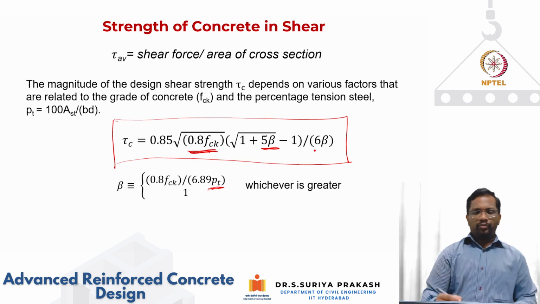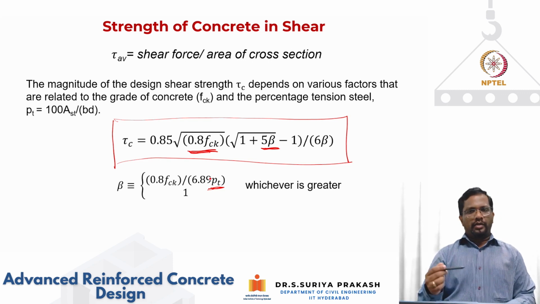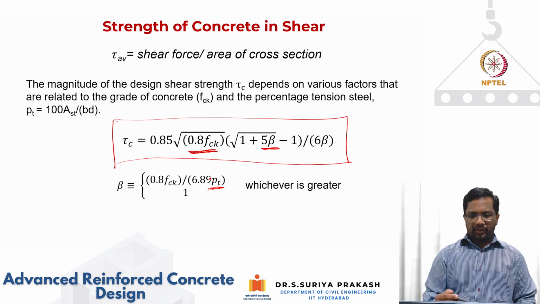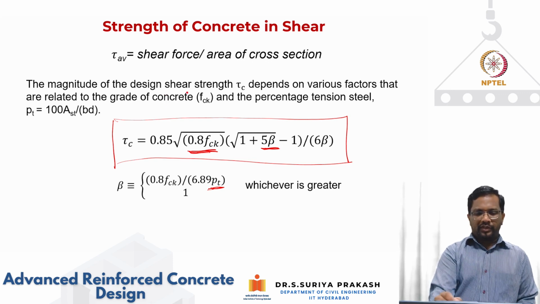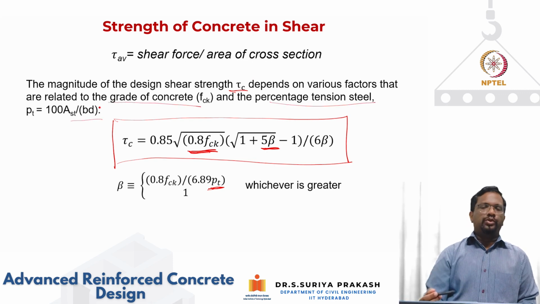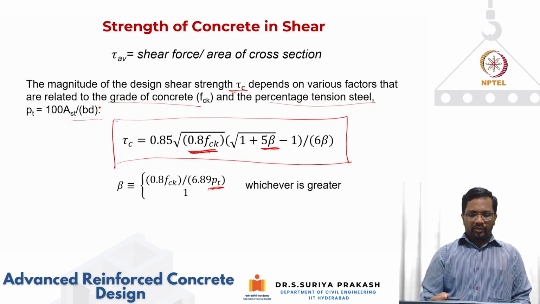Again, beta is coming in both the numerator and denominator, but higher the amount of pt, then you'll have higher tau c, like what we have included. So the magnitude of design shear strength, concrete shear strength, depends upon the grade of concrete and the percentage of tension steel. These are the two important parameters that are going to govern your concrete shear strength.